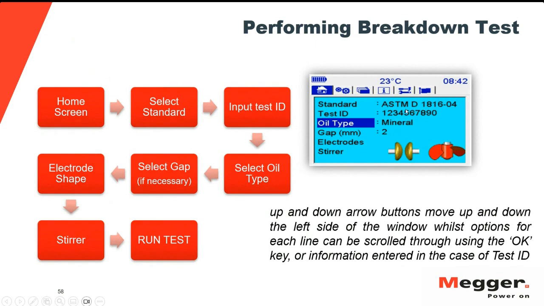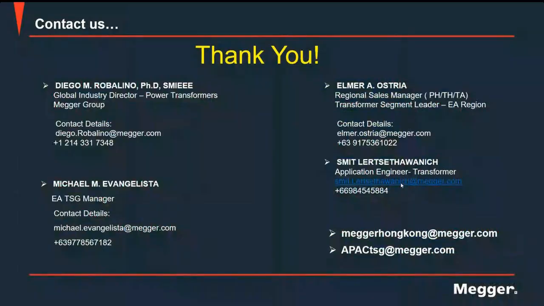For example, ASTM D1816 is only valid for mineral and silicone oil, so that is the only option you will have there. You can select the gap that you have used, the electrode shape and the stirrer, and you can run the test. That's how simple it is.